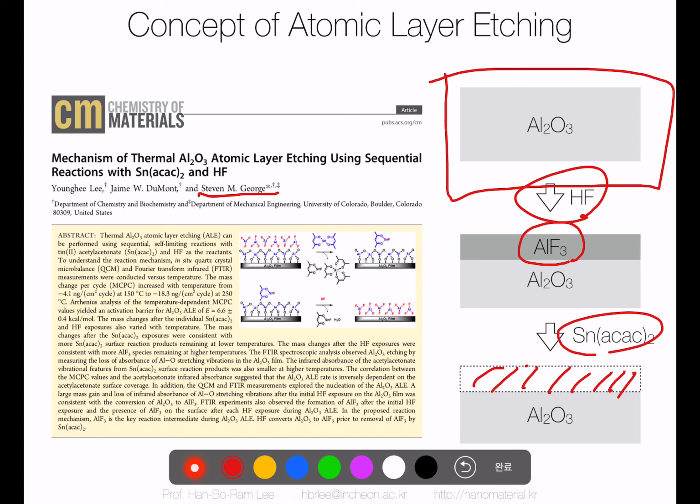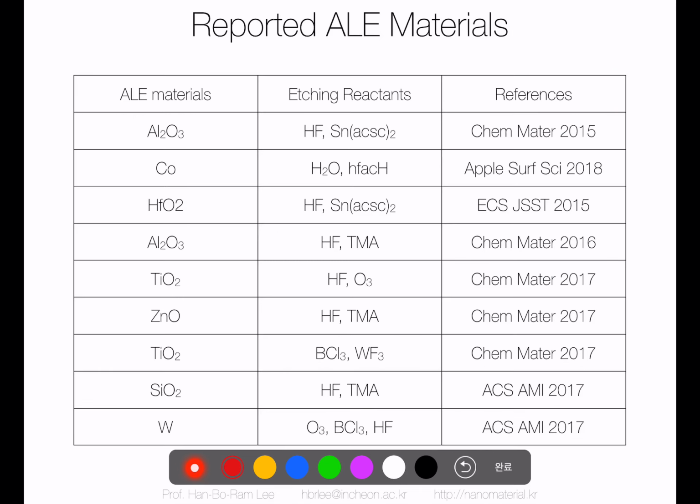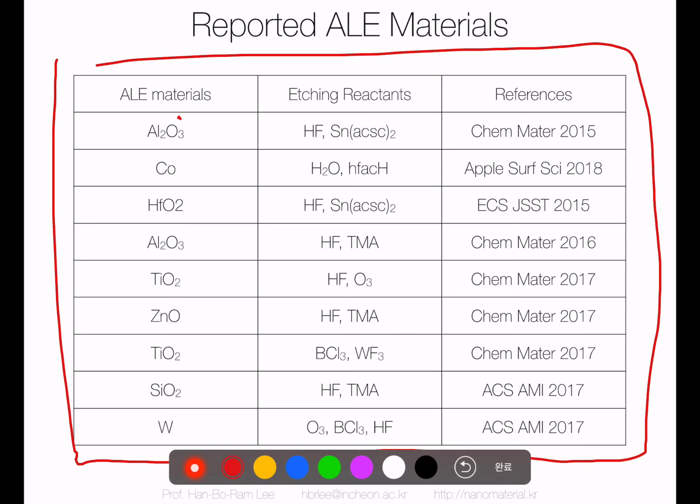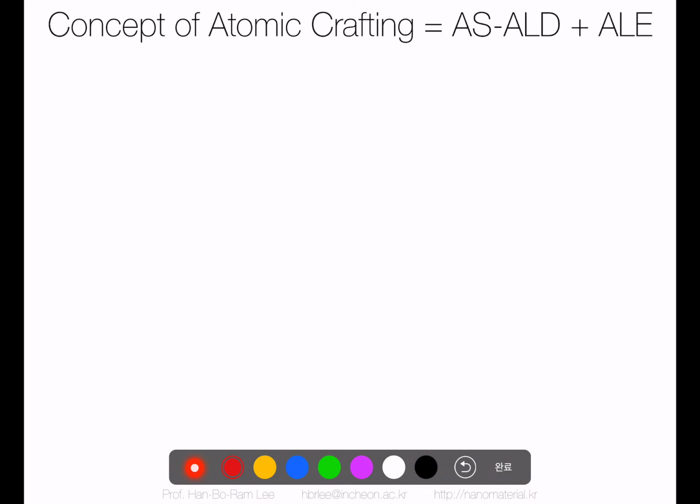The formation of aluminum fluoride using HF is determined by the diffusion length of the HF, so a surface self-saturated reaction also takes place in the ALE process. Many ALE processes have been reported: aluminum oxide, cobalt, hafnium oxide, titanium oxide, zirconium oxide, silicon oxide and tungsten. But still many research groups are working on that.